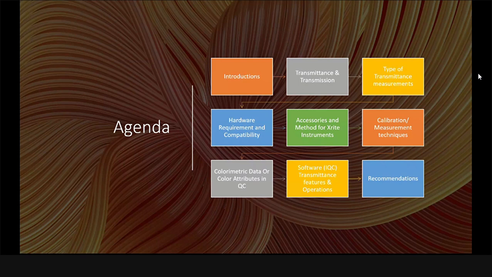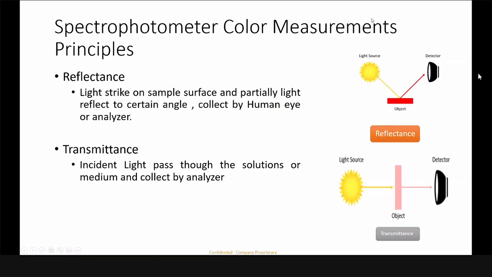So here we go. As we know, we are in an industry where color matters, so we do color measurement.